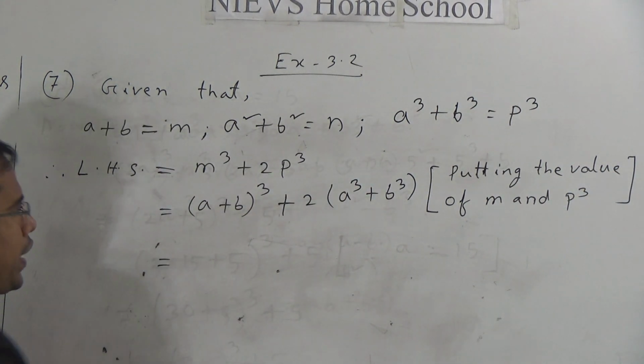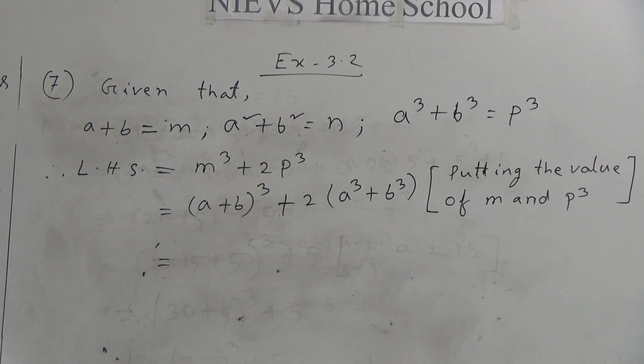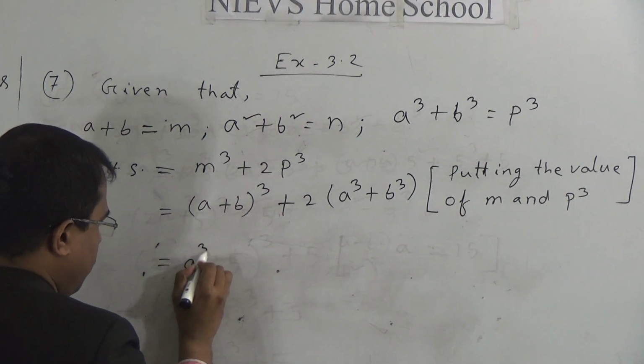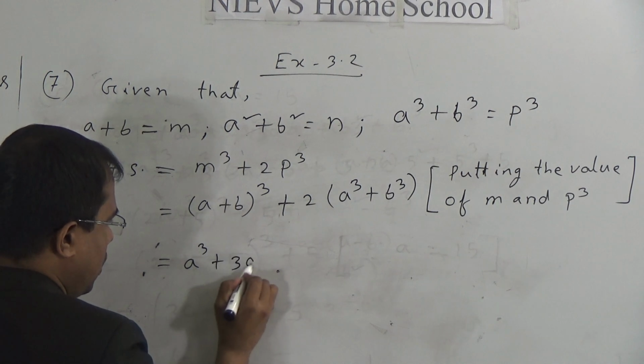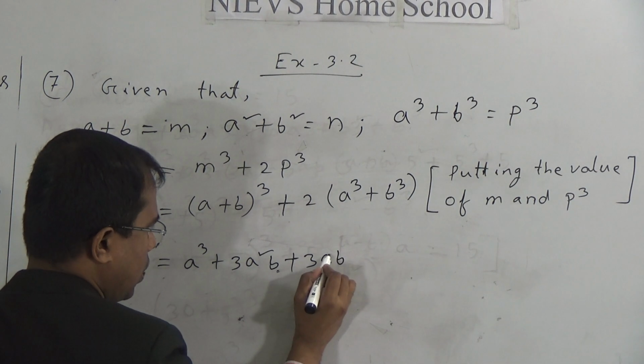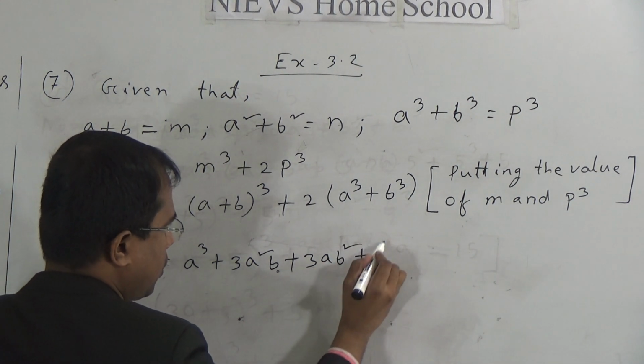Now you know that (a plus b) whole cube is equal to a cube plus 3a square b plus 3ab square plus b cube. Now we'll write it: a cube plus 3a square b plus 3ab square plus b cube.